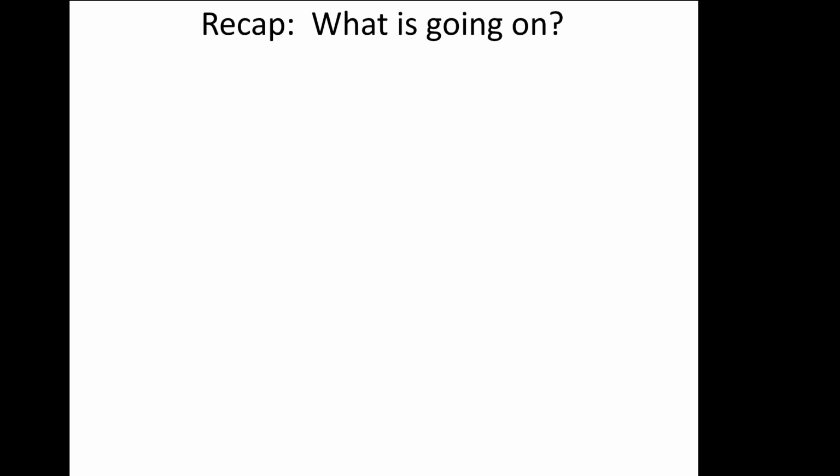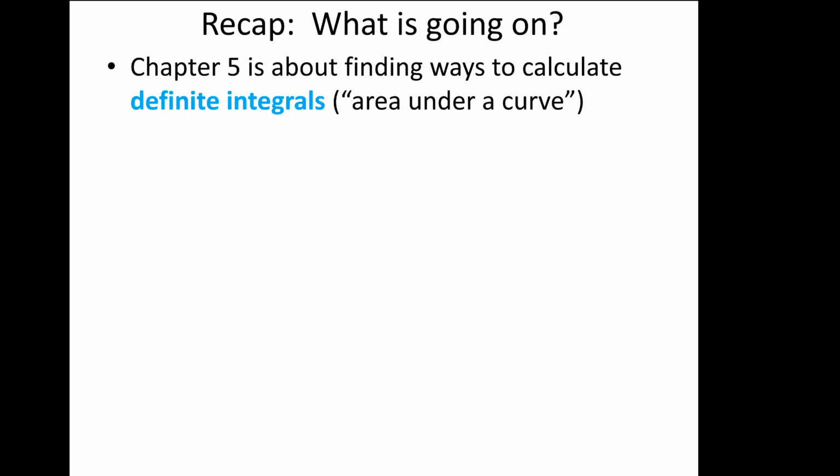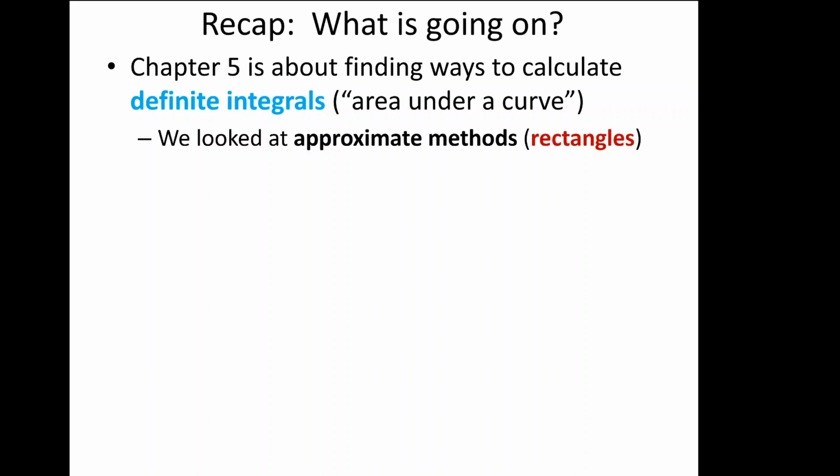Okay, another way to summarize this. What chapter 5 is about is areas under curves. Even though they're calculated in very different ways in the different sections, they all are about the same property. We started with approximations, different types of approximate approaches involving rectangles, left rectangles, right rectangles, midpoint rectangles.